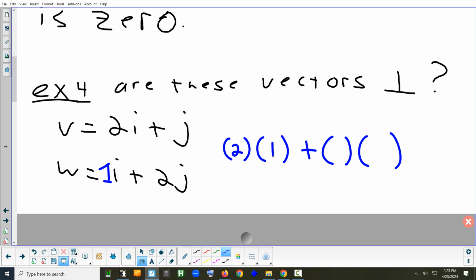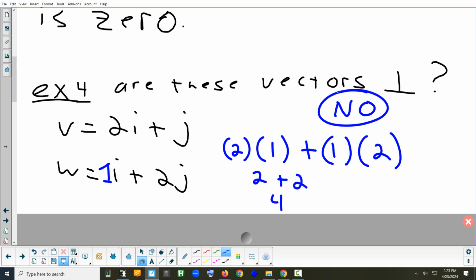And the next two, 1 times 2. That's 2 plus 2, which is how much? Okay. So are they perpendicular? No. The dot product has to be 0. So the answer to the problem is not 4. The answer to the problem is no. They're not perpendicular.